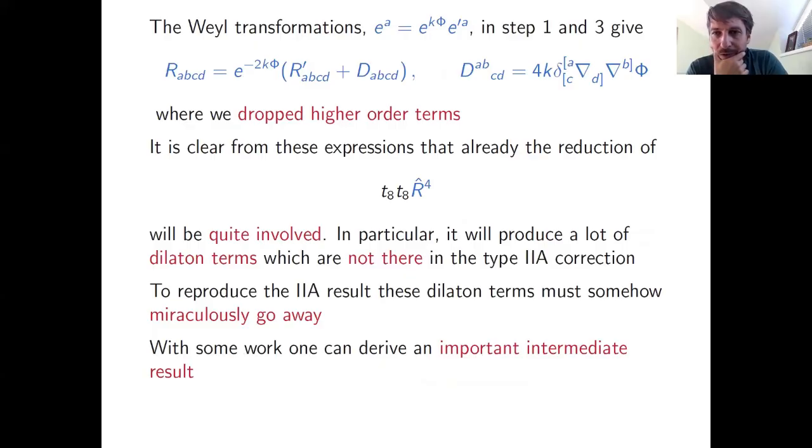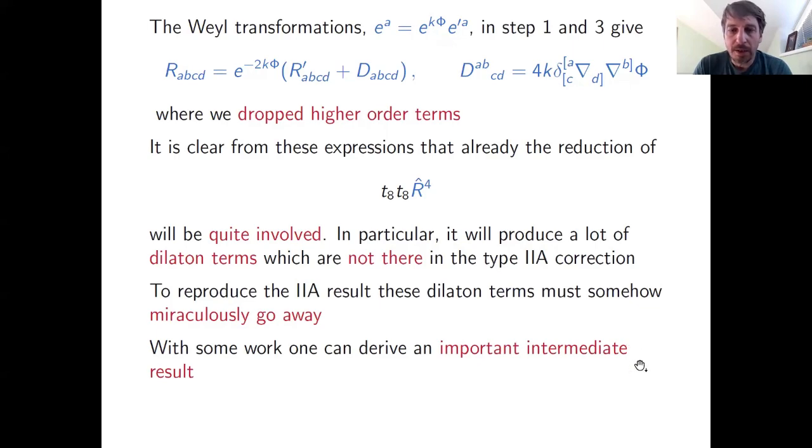So it seems that if this is going to work and we're going to reproduce the type 2a result, these dilaton terms must somehow miraculously go away. Right? Of course, we have freedom to do field redefinitions, integration by parts, and so on. So it's possible that it can happen, but there's a large number of terms that have to go away.